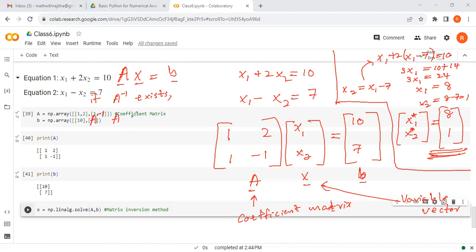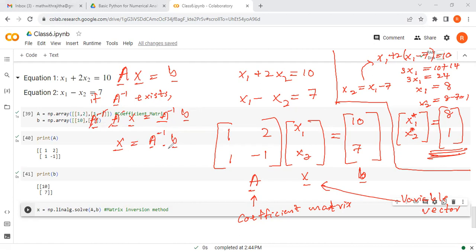A inverse A x equals A inverse B. So these two cancel out and x will be equal to A inverse B.